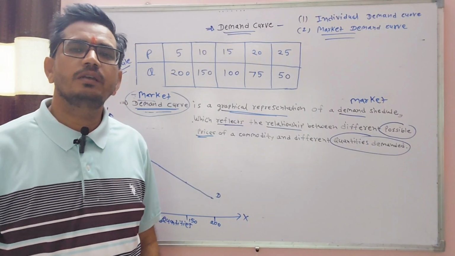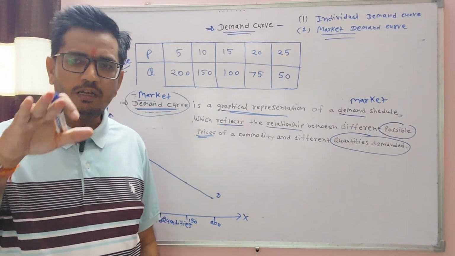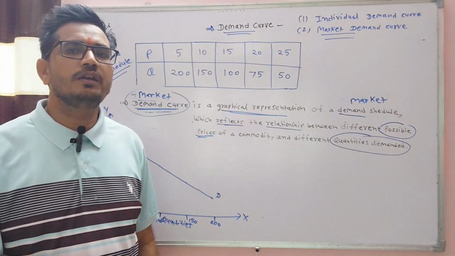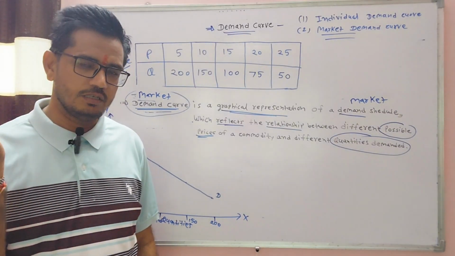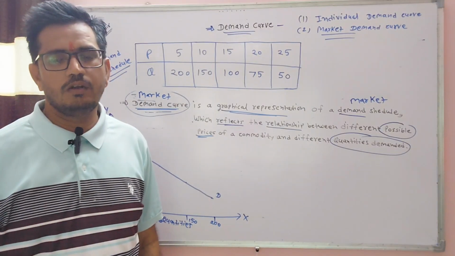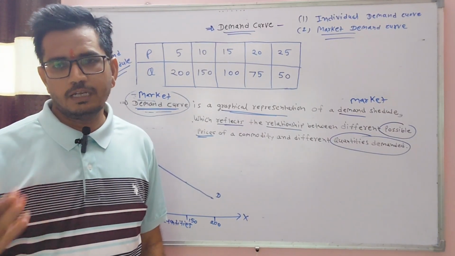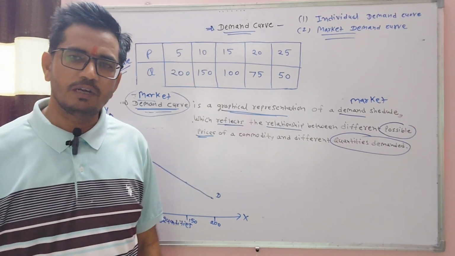If price increases, quantity demanded decreases. If price decreases, quantity demanded increases. That's the law of demand. We will discuss the law of demand in our next session.